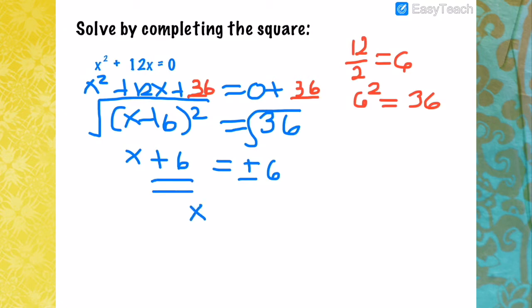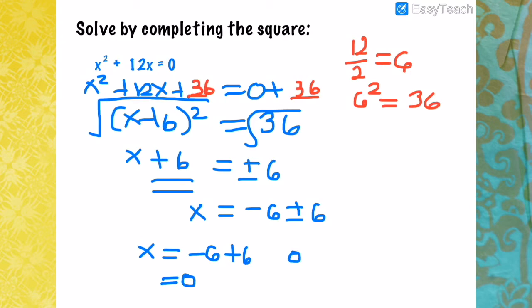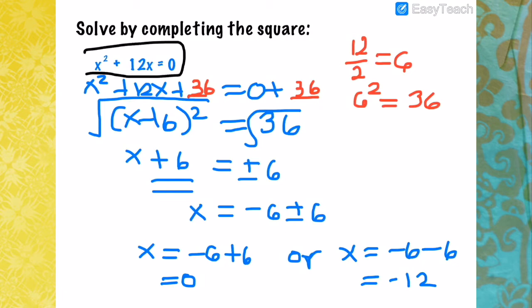So we have x = −6 ± 6. Therefore, x can be −6 + 6, which is 0, or x = −6 − 6, which is −12. Therefore, the possible values of x here to make this equation true are 0 or −12.